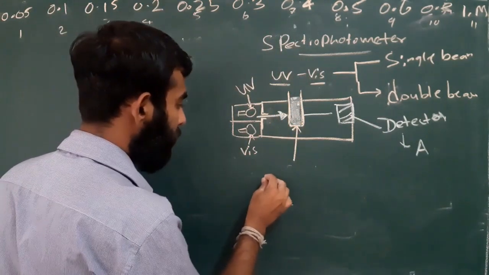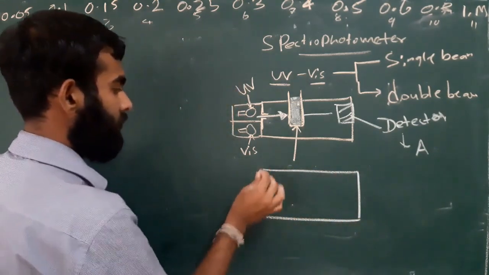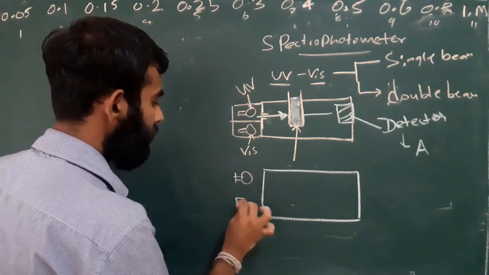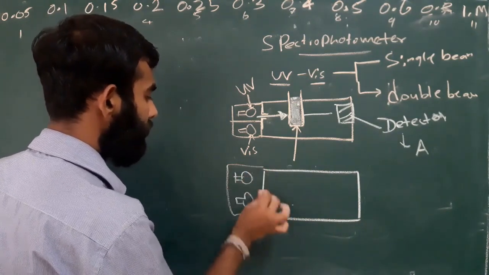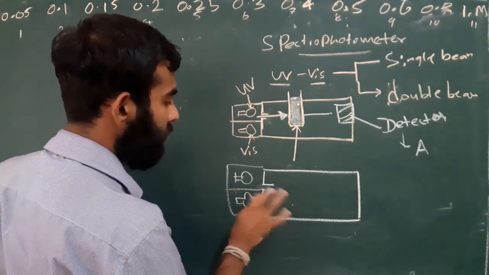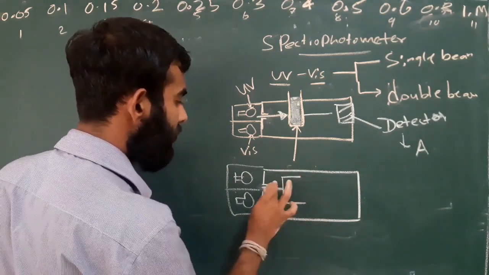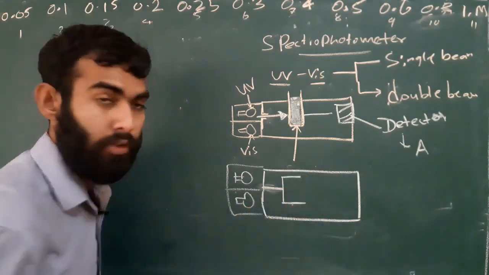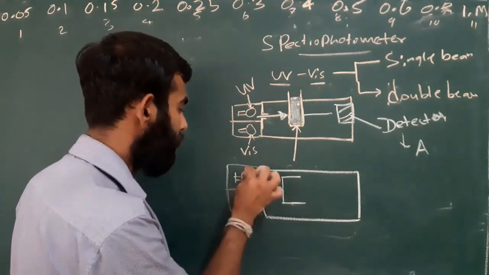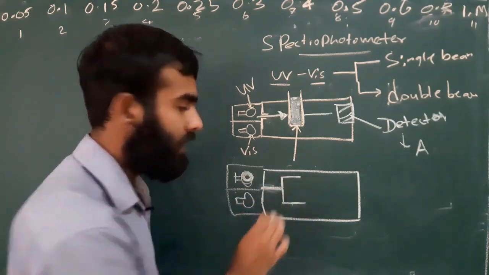Now the double beam spectrophotometer. When we are using double beam, there are two light sources also, UV and visible light. However, the light path will divide into two in this instrument. The light source will emit light, and that light will divide into two.